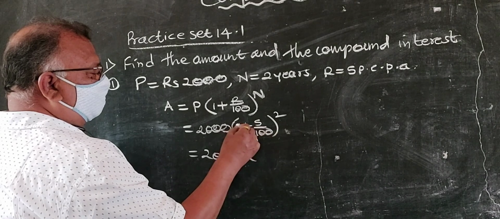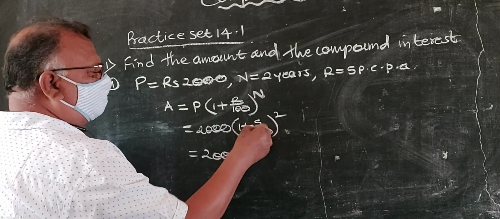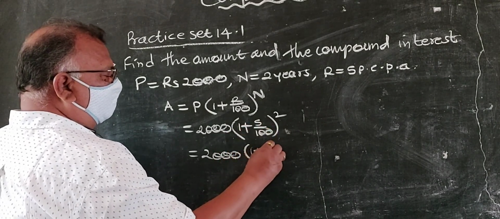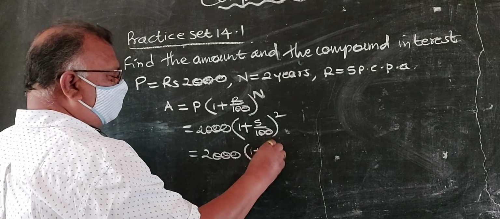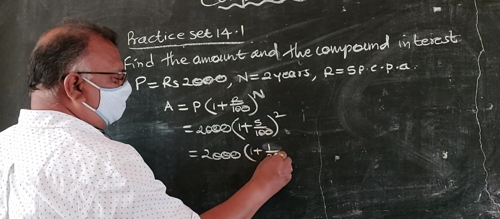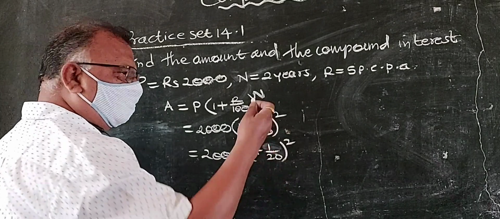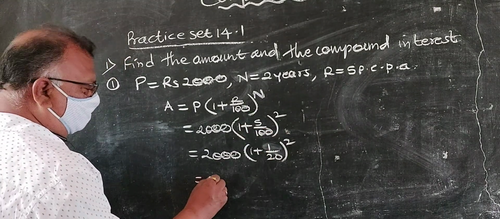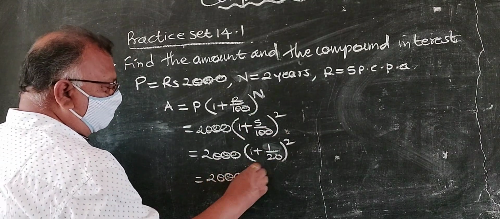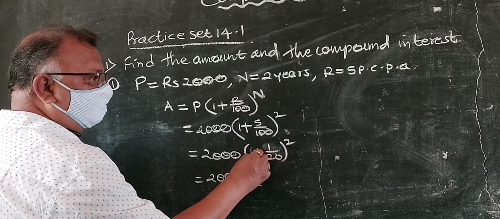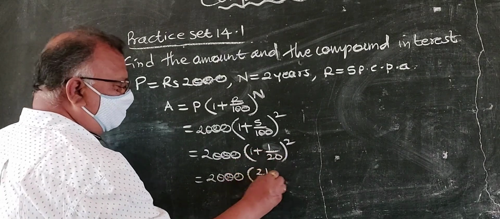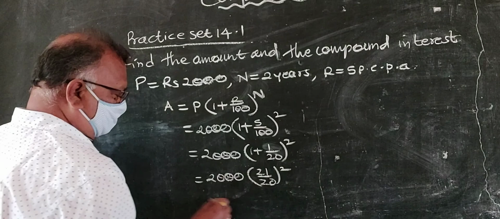We can cross multiply by 100 or we can simplify also. 1 plus 5 upon 100, 5 twenties are 100, so 1 plus 1 upon 20, raised to 2. That is equal to 2000 in the bracket 21 upon 20, since 20 plus 1 is 21, raised to 2.